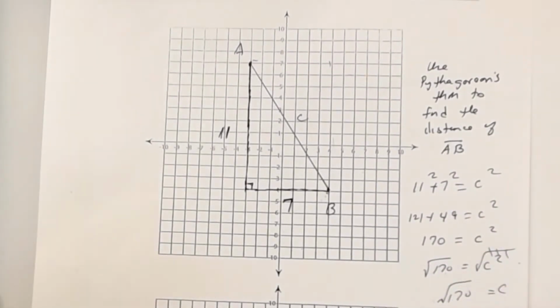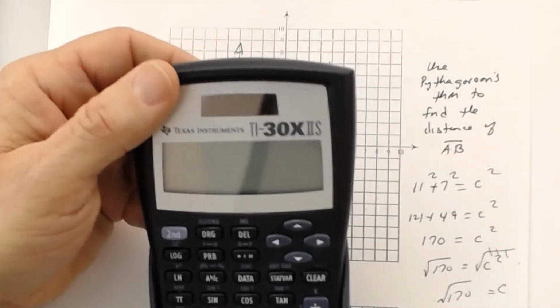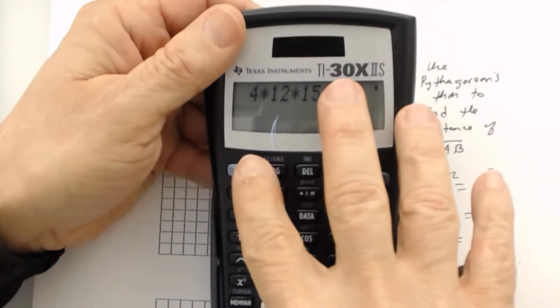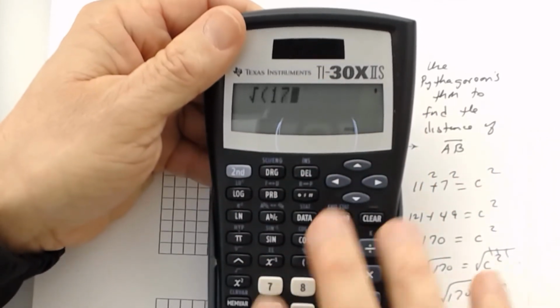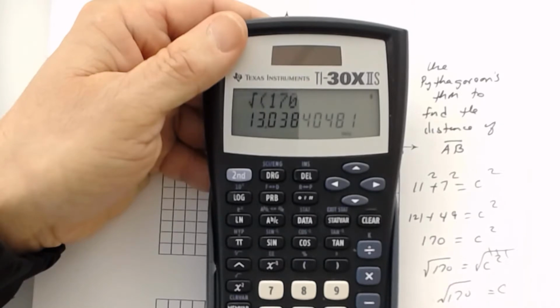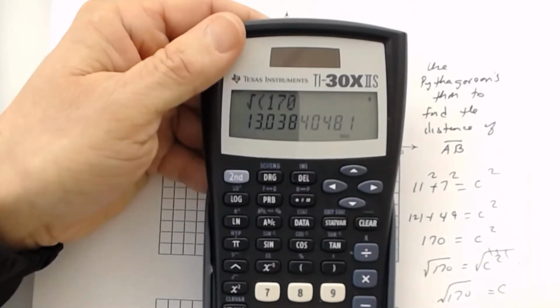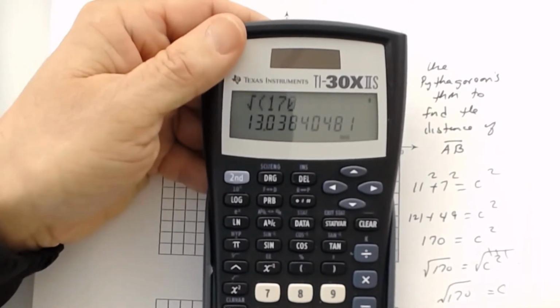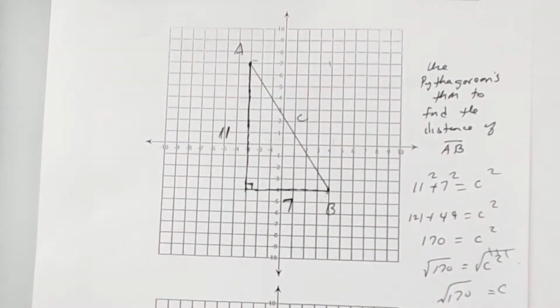So let's just put that in your calculator. I don't want you to simplify this. Just put it in your calculator and tell me about what it's equal to. Make sure you know how to use a calculator. Square root of 170 is about 13.04. So it's about 13.04 units.